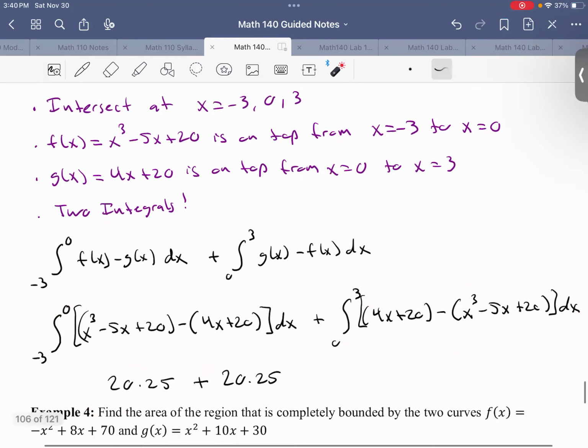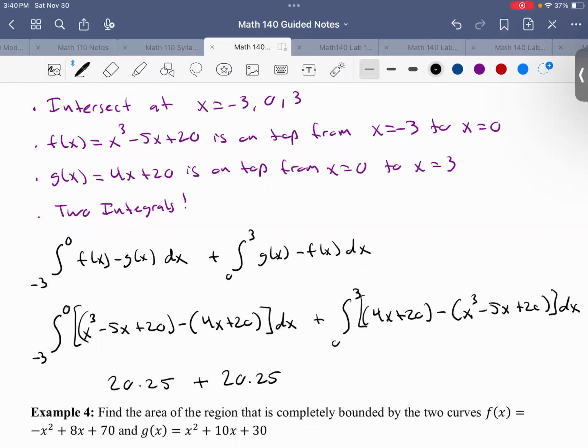At the end, we just add both of these areas together, and we end up with 40.5 as our area. That was a more involved problem because we had two separate integrals, but it's still the same idea as always: top minus bottom, integrating over those intersections.